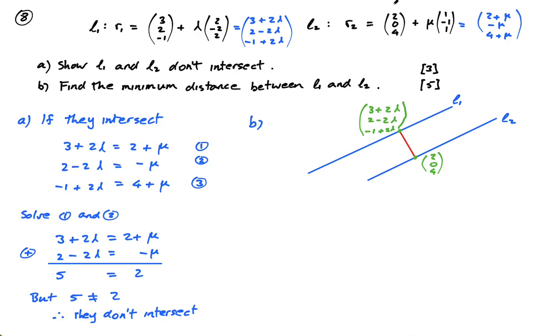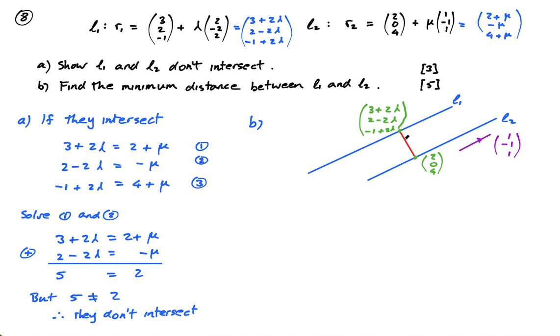So the direction vector of, well, again, let's actually pick L2. The direction vector of L2, this direction vector, is actually (1, -1, 1). So I know that this vector and this vector are perpendicular.